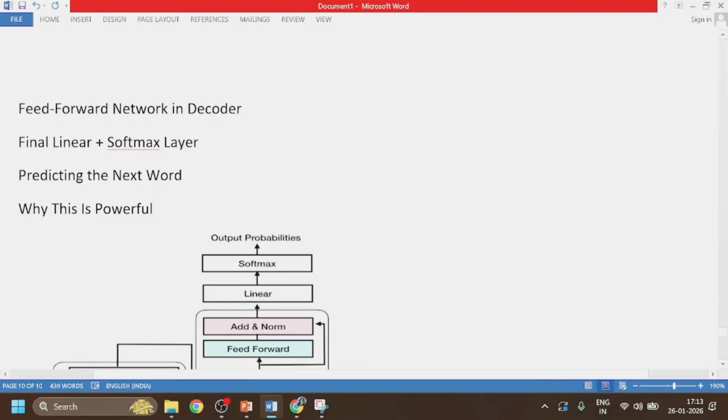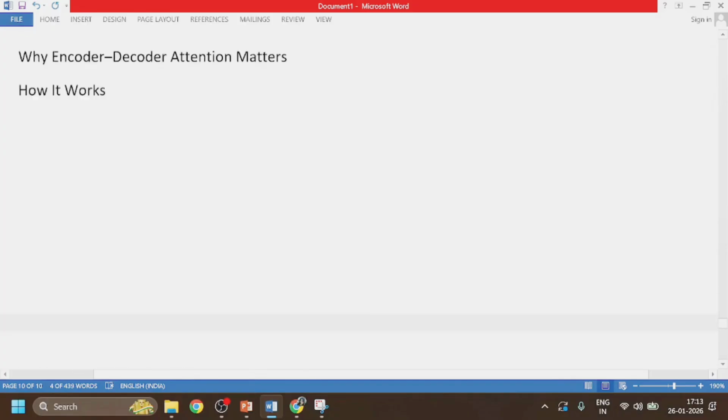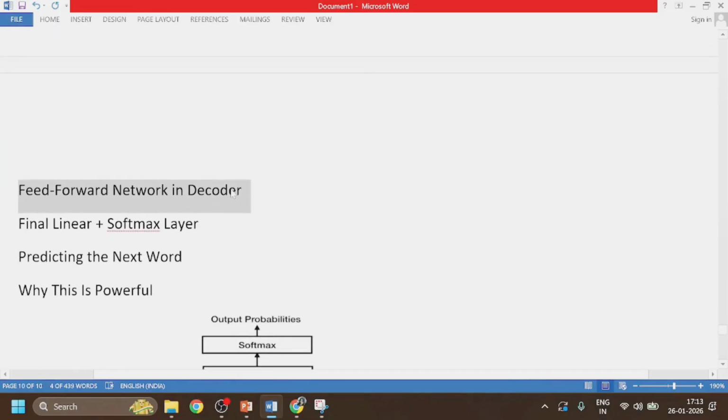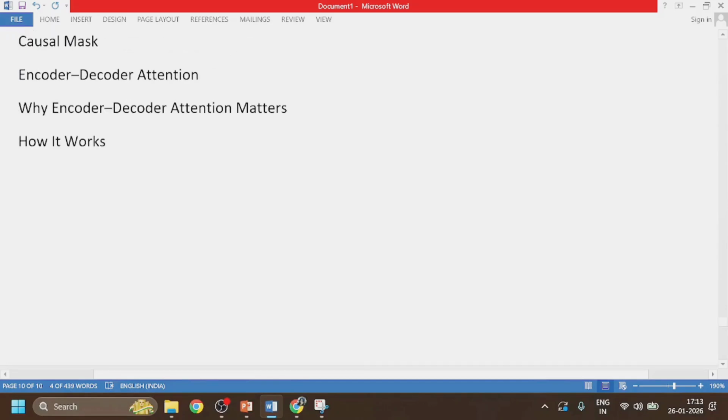Now we are going to understand the feed forward neural network in the decoder. Before this, we understood why encoder-decoder attention matters.